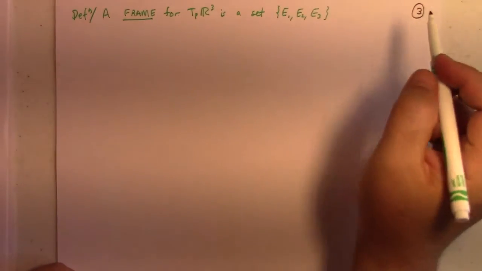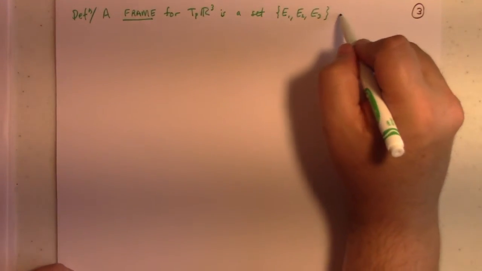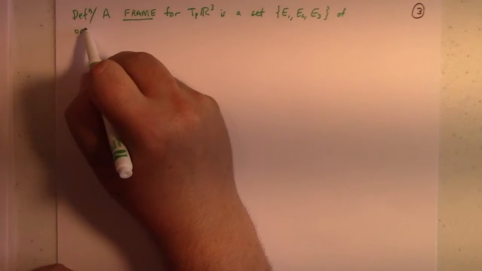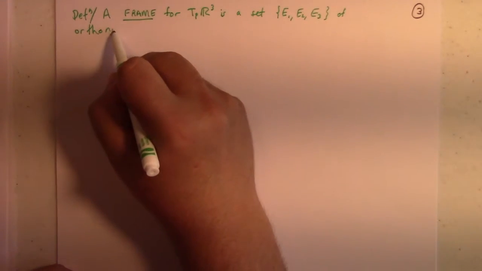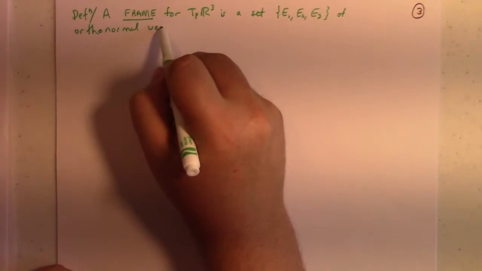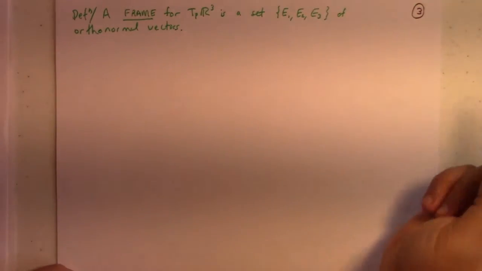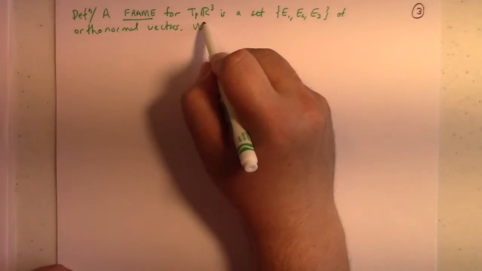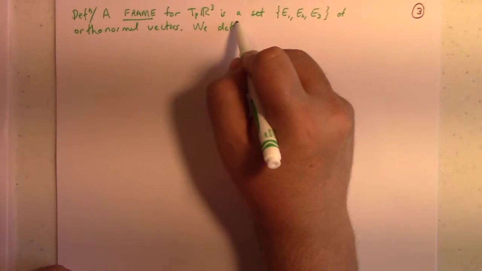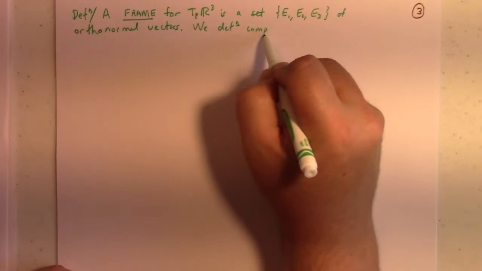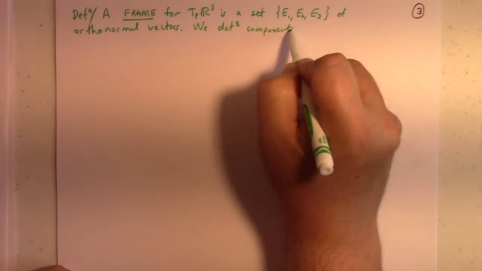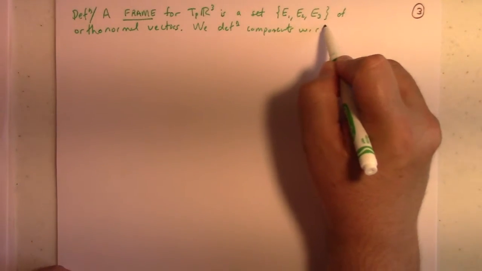A set E1, E2, E3 of orthonormal vectors. And then we define components with respect to this frame.